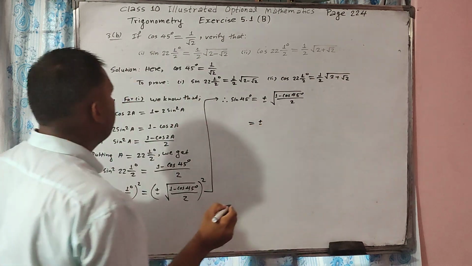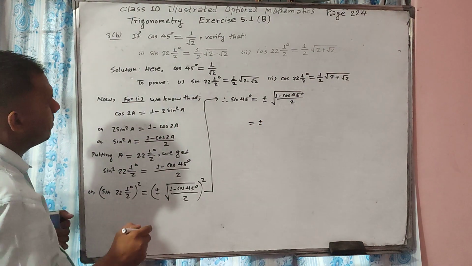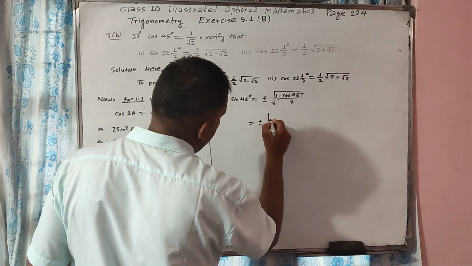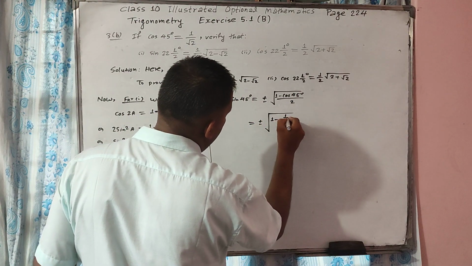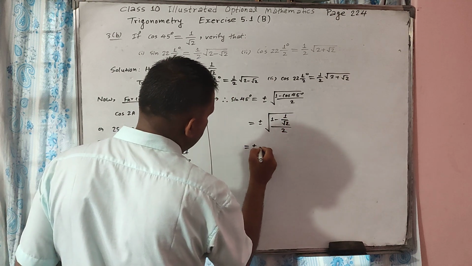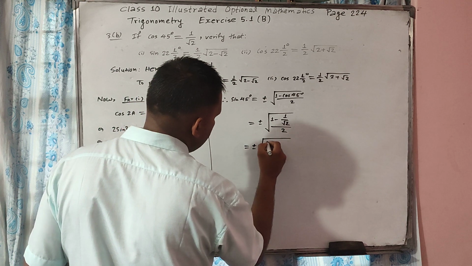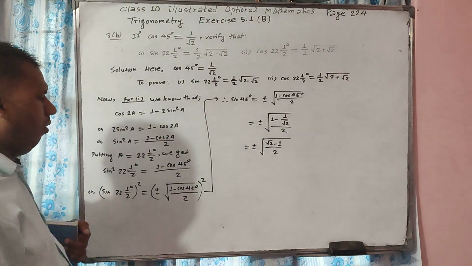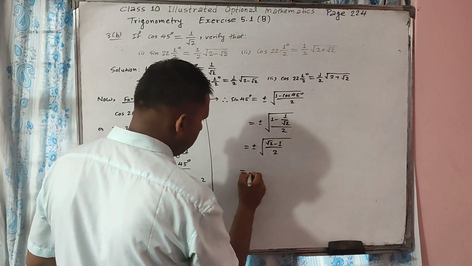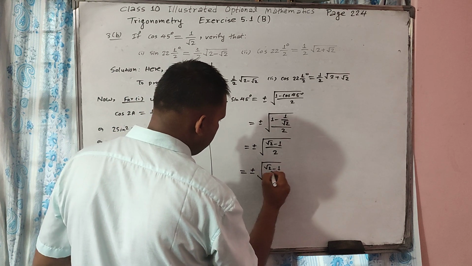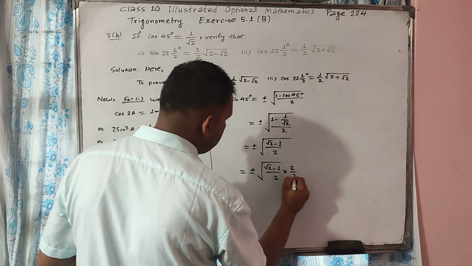We have the value of cos 45 degree, that is 1 by root 2, so plus minus square root of (1 minus 1 by root 2) whole upon 2, which is equal to plus minus square root of (root 2 minus 1) whole upon 2 root 2.